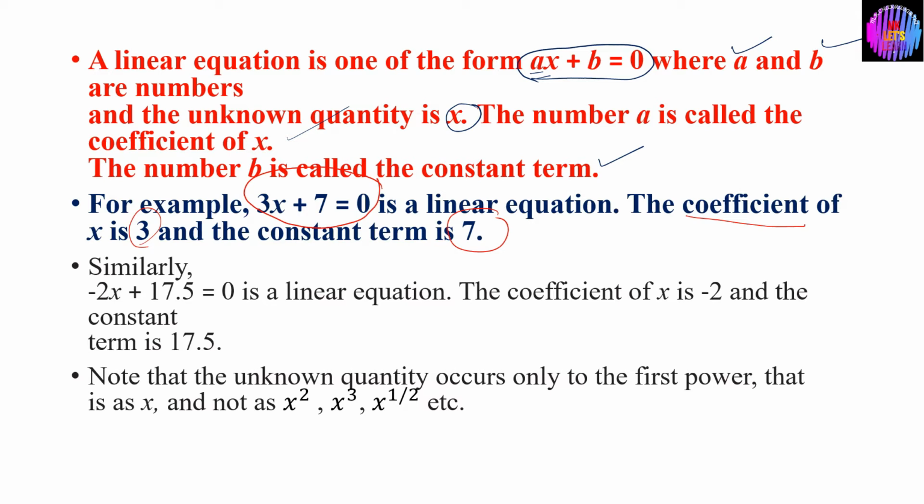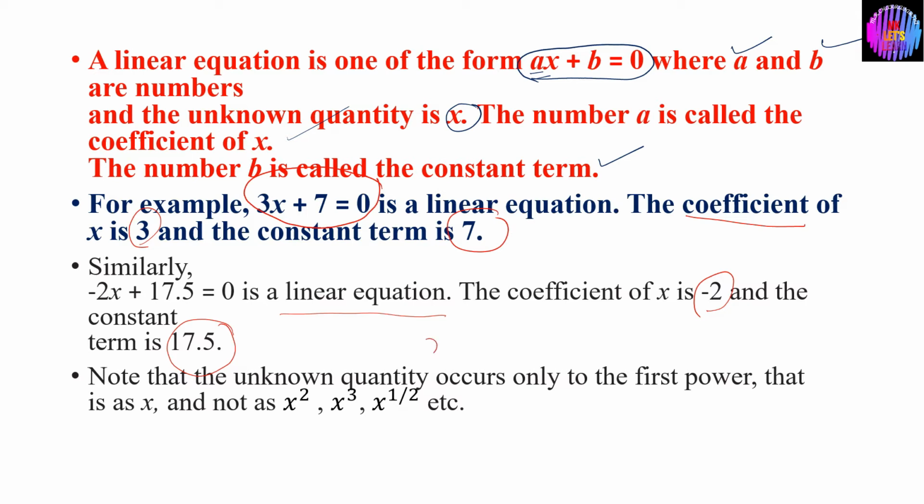Here is another example, minus 2x plus 17.5 is equal to 0, which is also a linear equation. The coefficient of x is minus 2 and the constant is 17.5. Note that the unknown quantity occurs only to the first power.